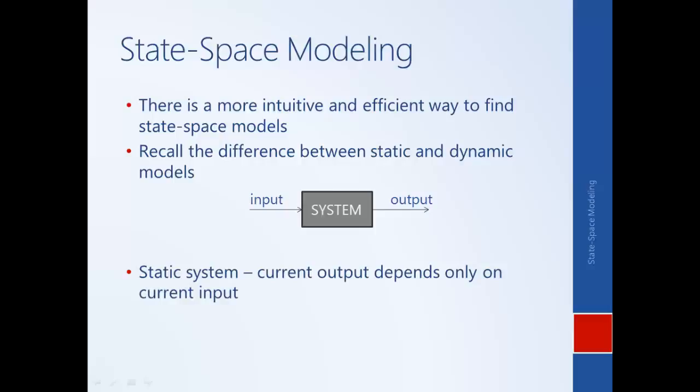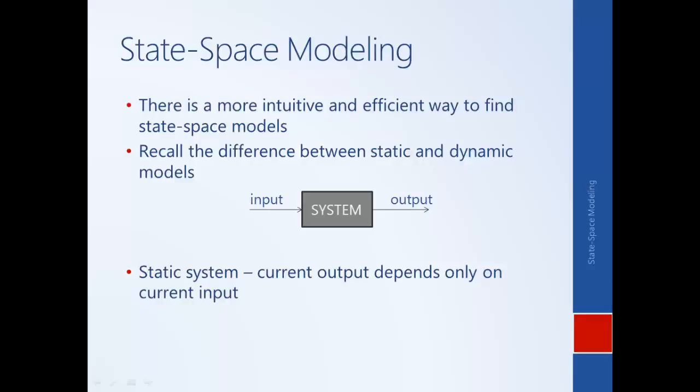If our system is static or our model is static, knowledge of the current input completely determines the current output. So if I know that a 5 is being put into the system, then that completely determines what the output of the system is. Along with that, as soon as the input is changed to 5, the output instantaneously changes, and that relationship is basically algebraic.